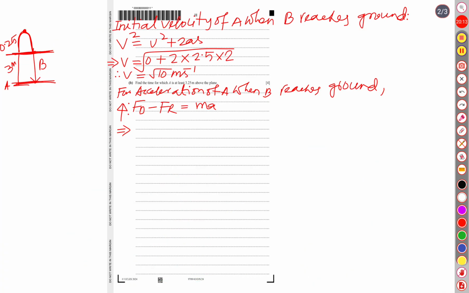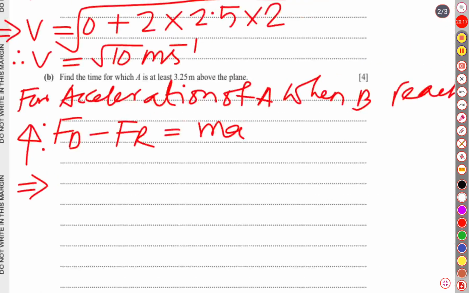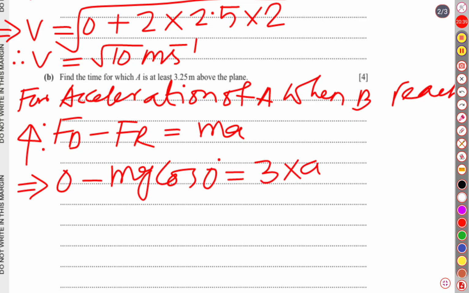So we will write that there is no driving force, but resistance force is mg cos 0 degree, because this is vertically hanging, downward or upward. Sorry, cos 0 degree, not 30 degree. Cos 0 degree is equal to mass of particle A is 3, and we are searching for acceleration.